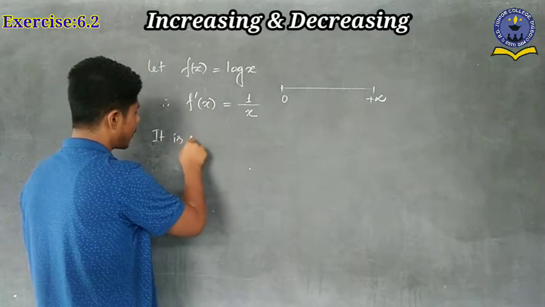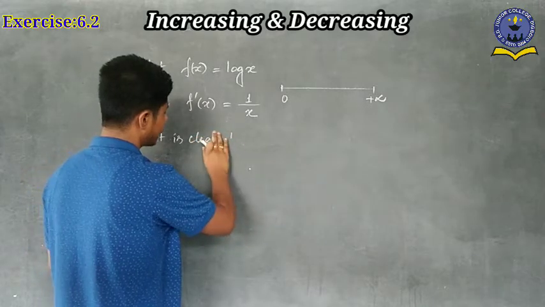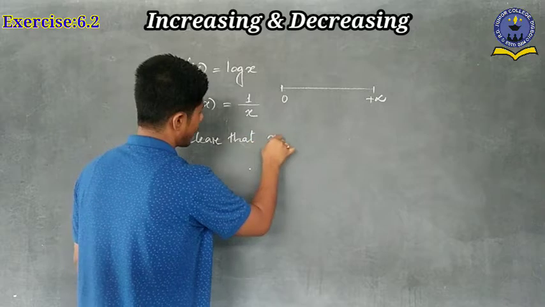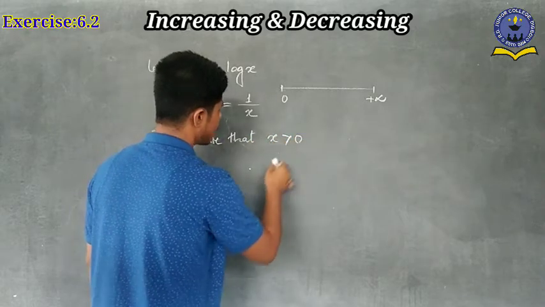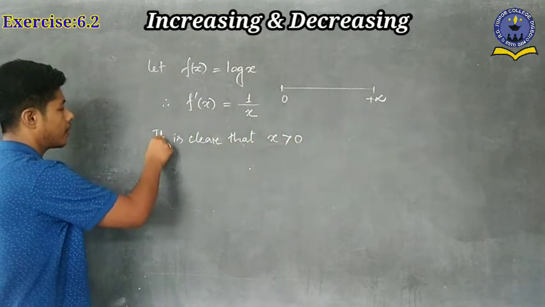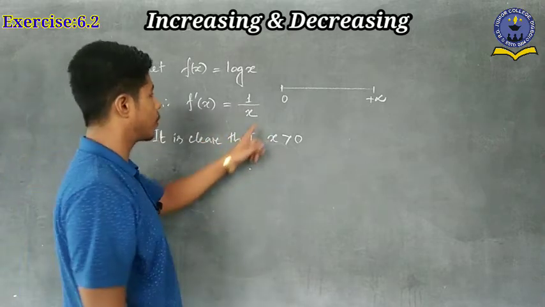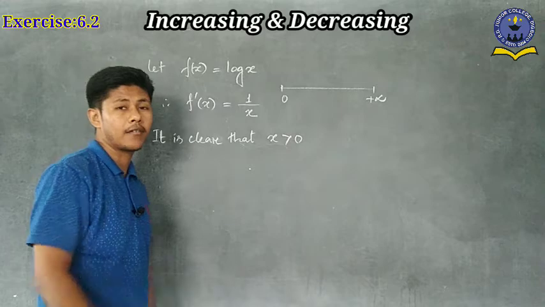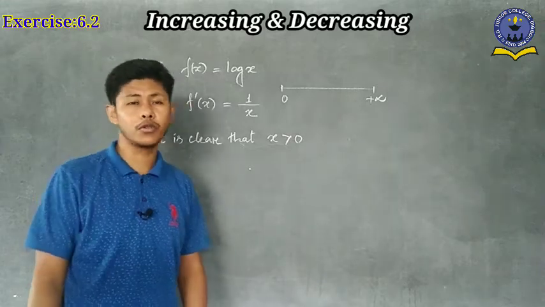So that's why we have to write one line here. It is clear that the value of x is greater than 0, because all the results we need here are positive values. So we have to choose x greater than 0.